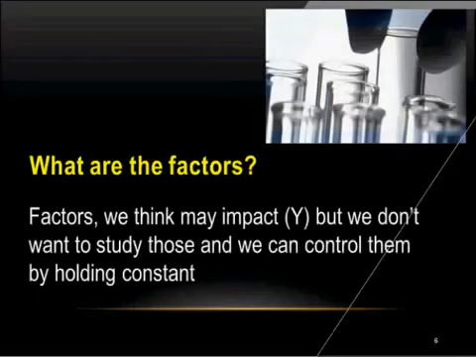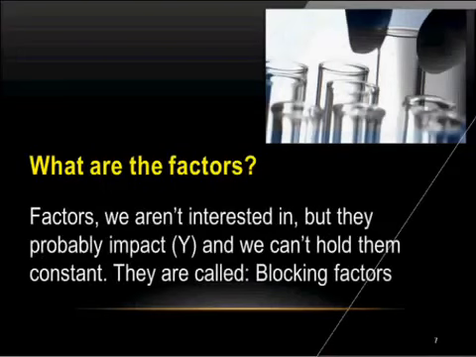Let's say washing hair in a different water temperature will definitely impact the performance of the conditioner, but we don't want to worry about the water temperature as an extra factor in the design. We will then hold the water temperature constant and run our experiment using the same water temperature. There are also other factors that we think have an effect on the response, but for some reason we cannot hold them constant. Therefore, we can block on those factors. These are called blocking factors.